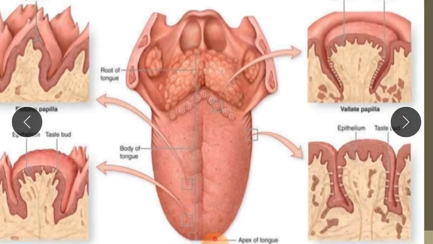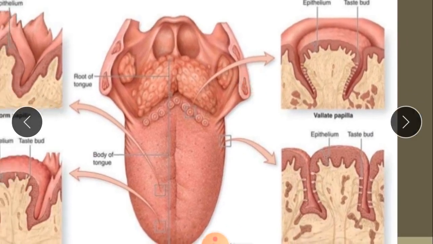Look here, different types of papillae are magnified. This is the circumvallate papilla. Can you see it? Its upper surface is flattened.